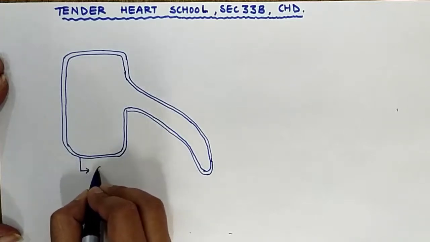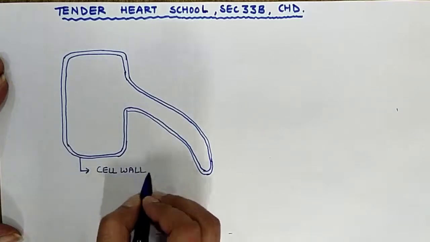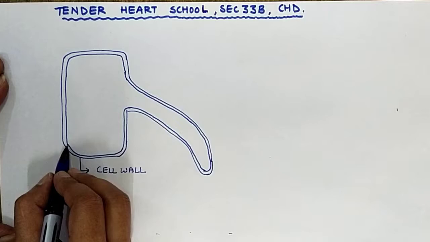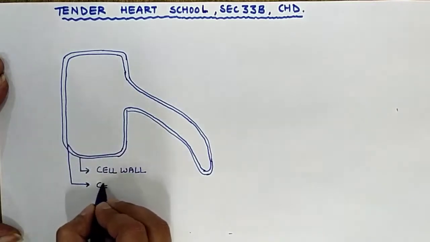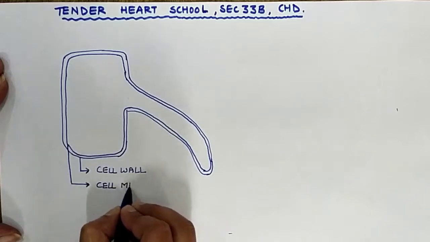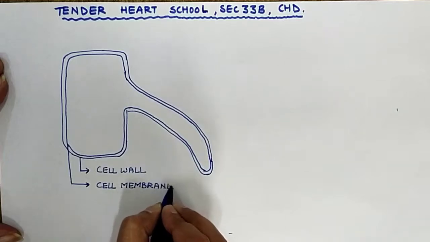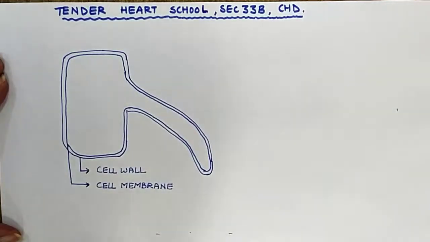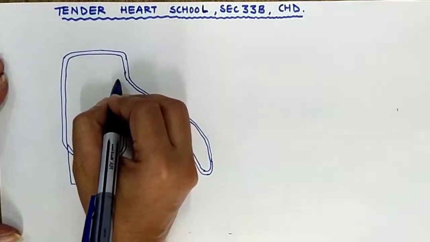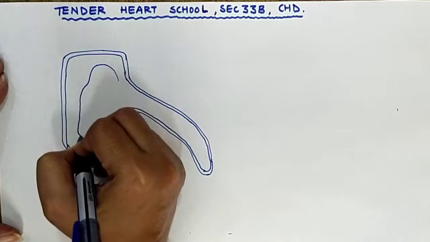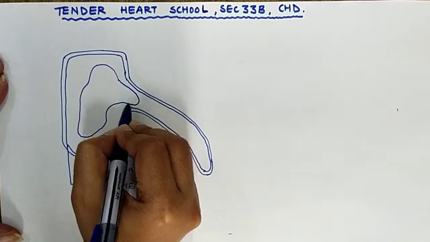This one is the cell wall, outermost, and inner to the cell wall, this one is the cell membrane. Right? As you know that in a plant cell, the major central part is occupied by the vacuole. So let us draw. This one is the vacuole, we can say, right?